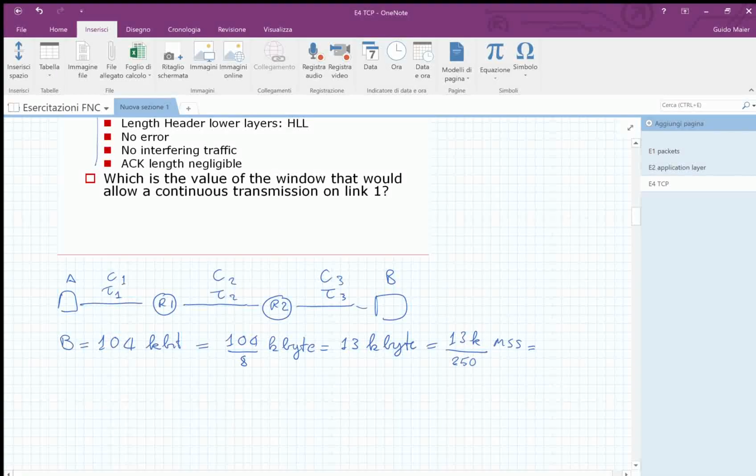And this gives you the number of segments in terms of maximum segment size, which is actually 13 by 4. In total, we have to transfer 52 segments, okay?